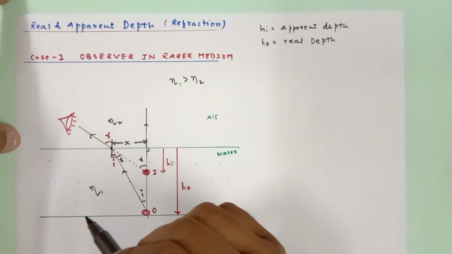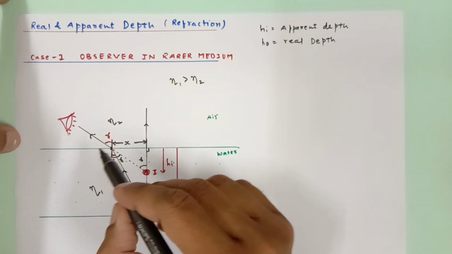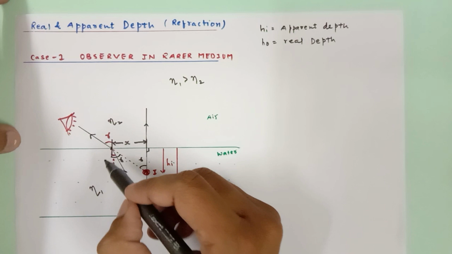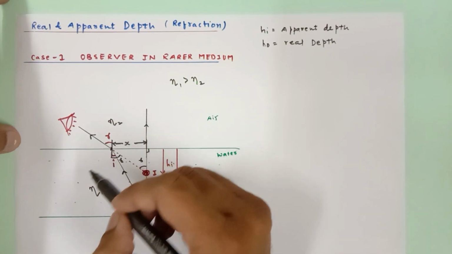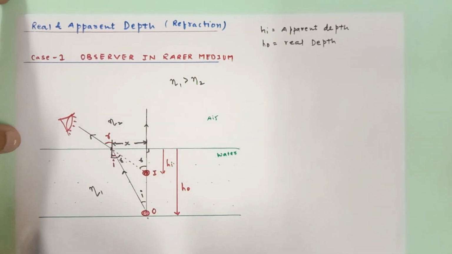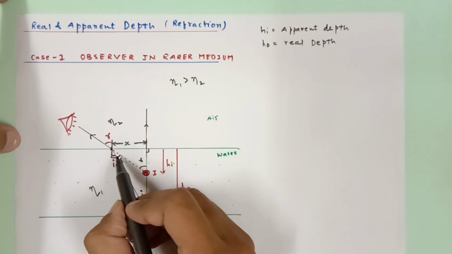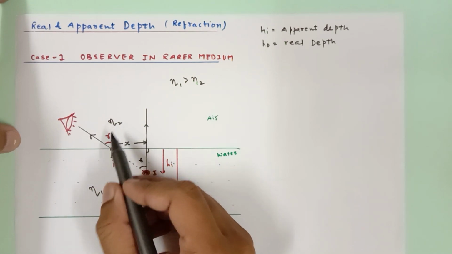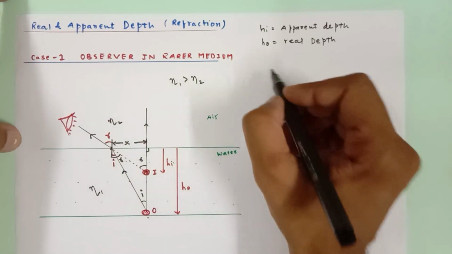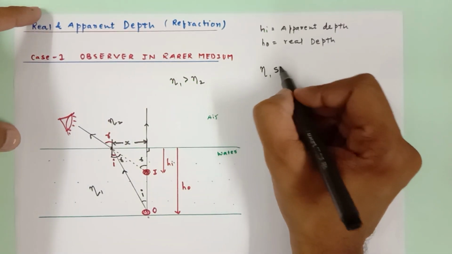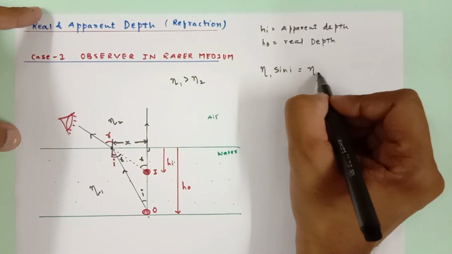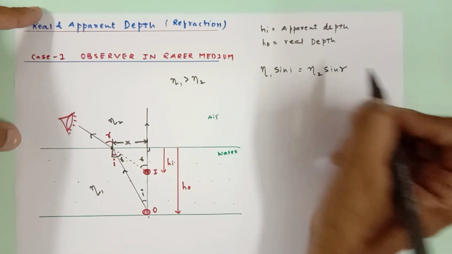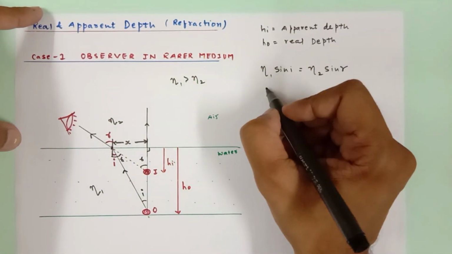Now let me write down Snell's law for this surface. Snell's law is always applied on the surface where refraction takes place. So here I am going to apply Snell's law: eta 1 sine I is equal to eta 2 sine R. Now all angles are small.